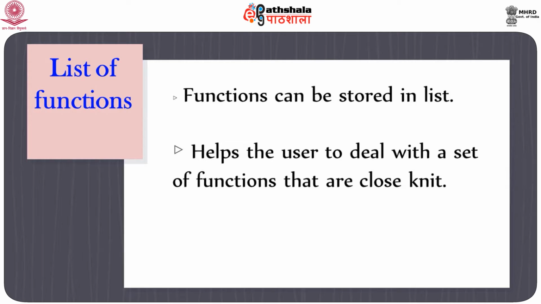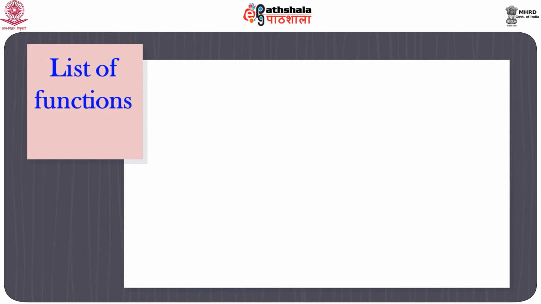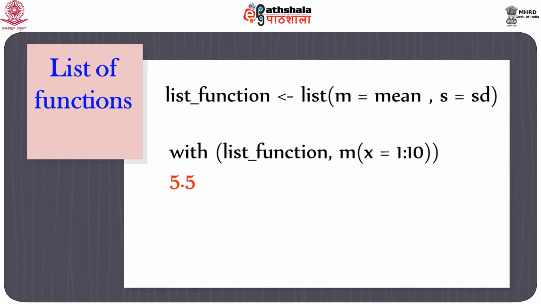So, do you find any similarity with something else? Actually, this is pretty much similar to the data frame. The only difference is, in the case of a data frame, we generally use a group of related vectors, and here, unlike vectors, we are dealing with some related functions. So, let us consider this function with the name list_function.